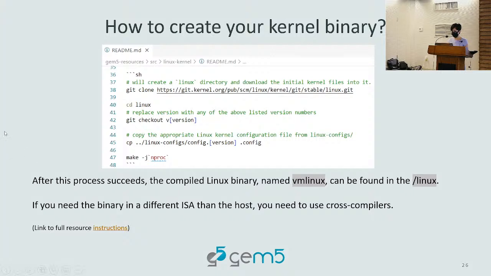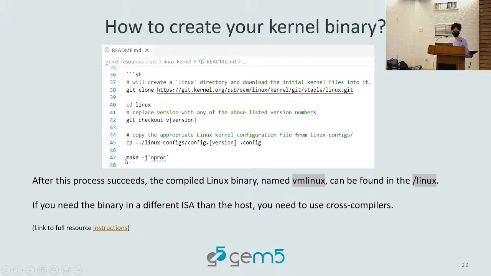You just have to download the kernel, the Linux. Here the example is about Linux. Getting it from the Git repository, and then you check out the specific version that you want, and then you copy a file, which is config.whatever version that you have, into a specific file which is going to be used during compilation.